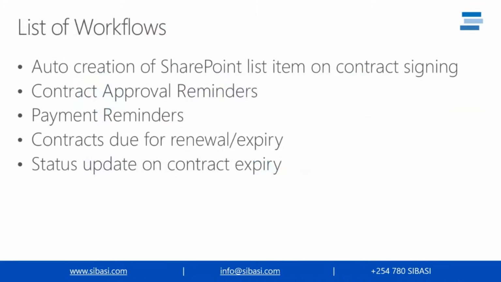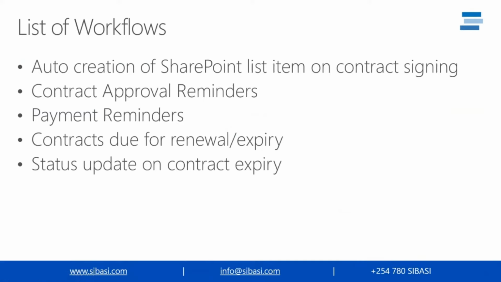So some of the workflows that you can come up with, we have the auto creation. The first two workflows are if you actually started the process, like you want to electronically sign the contract. So we have the auto creation of the SharePoint list item on contract signing.